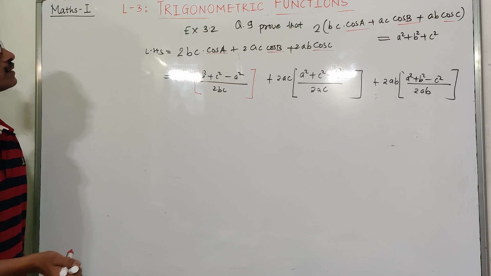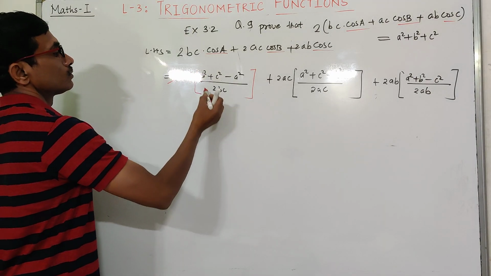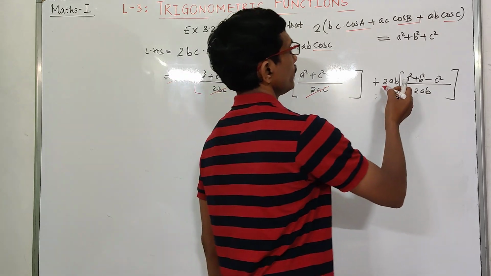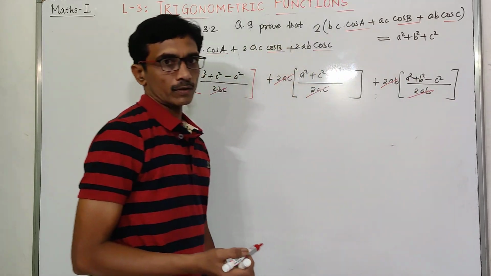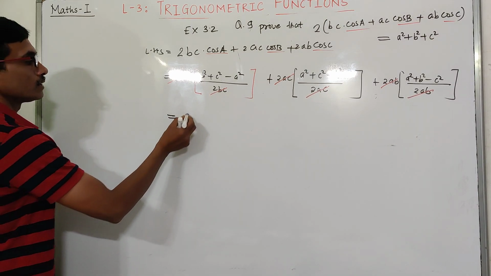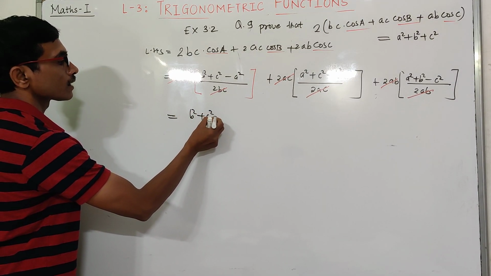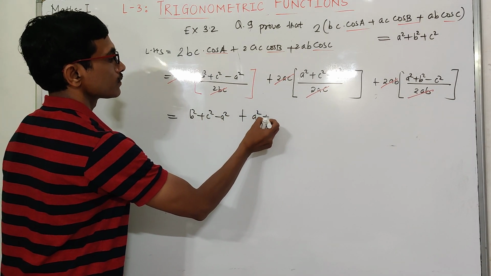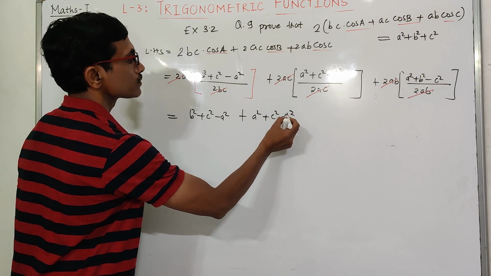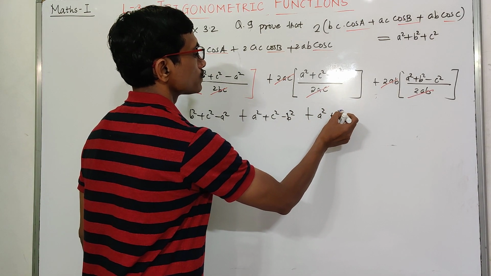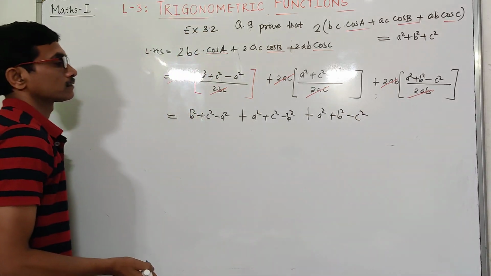What can we cancel? 2bc we cancel, 2ac we cancel, 2ab we cancel, and whatever is left we write. b square plus c square minus a square plus a square plus c square minus b square plus a square plus b square minus c square.